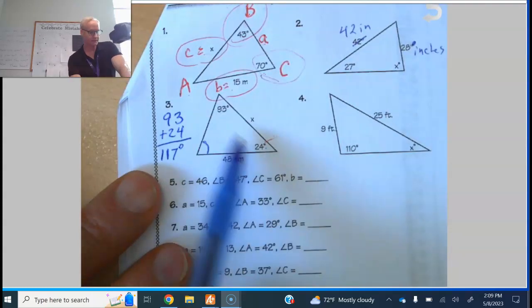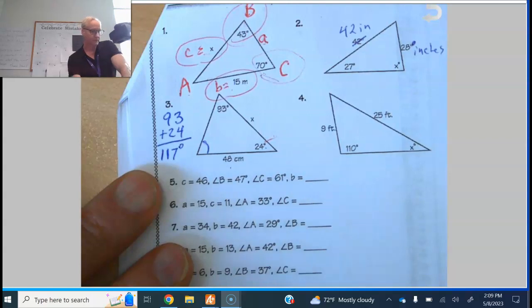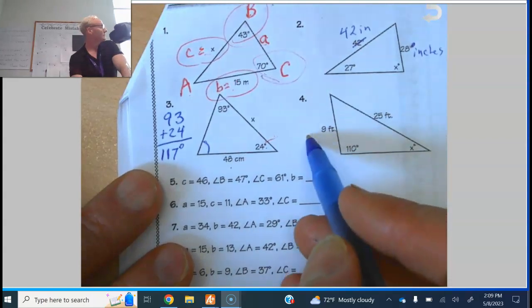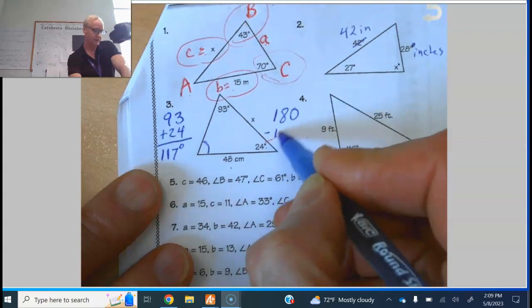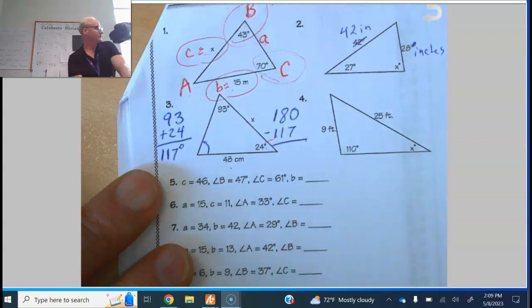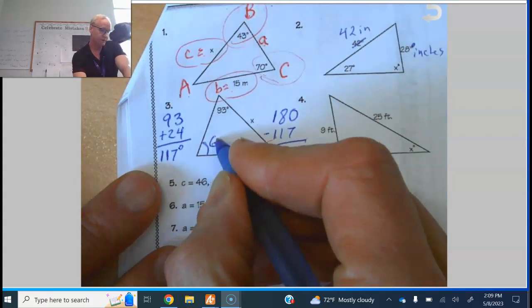I added these two angles together, but I want to find this one. Subtract it from 180. 180 minus 117, and you can get your angle. What is it? Yeah, this is 63 degrees.